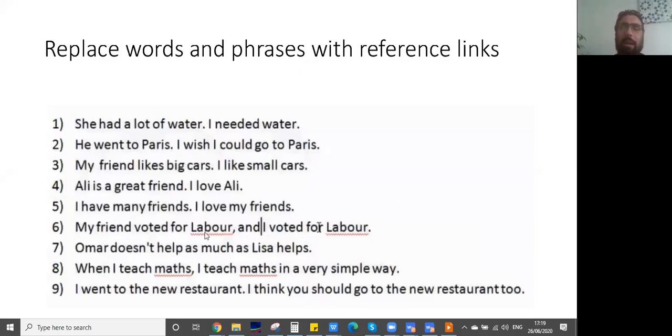Here we have a verb phrase, voted for Labour, and here we have voted for Labour. Yeah, okay. Maybe I did too. We can't say do, because it's the past, it's voted. So my friend voted for Labour and I did too.